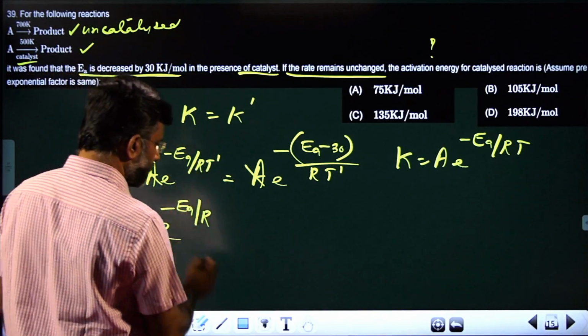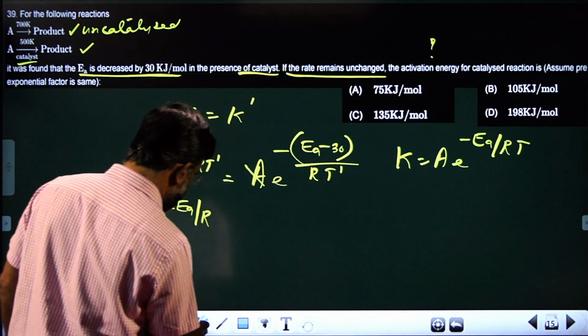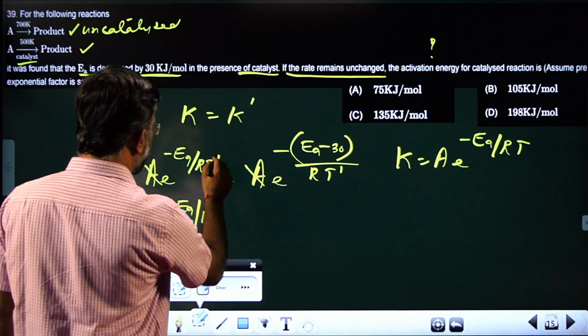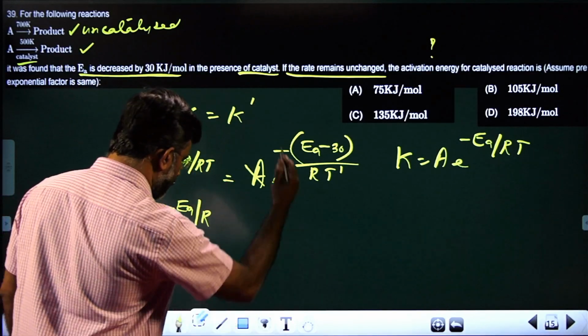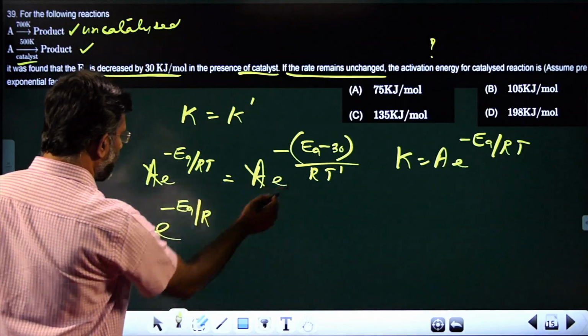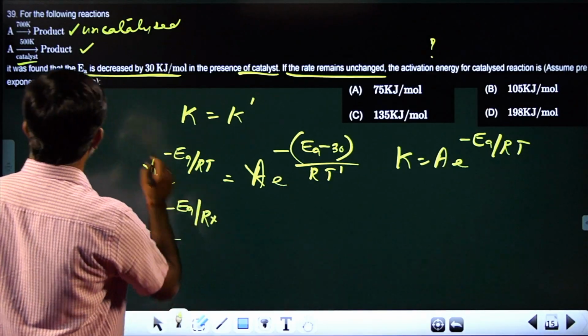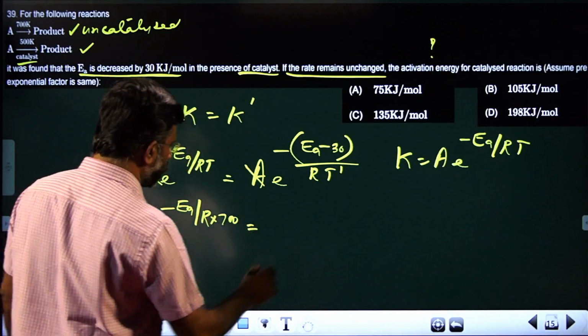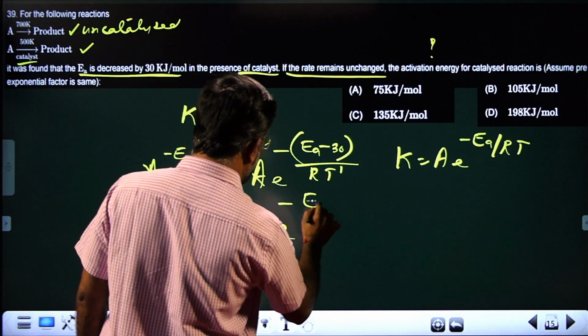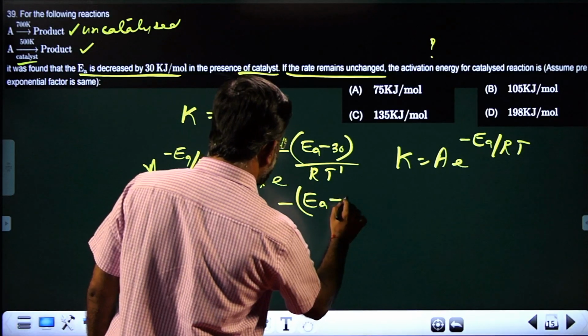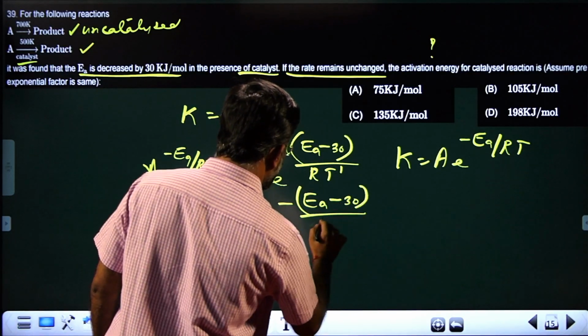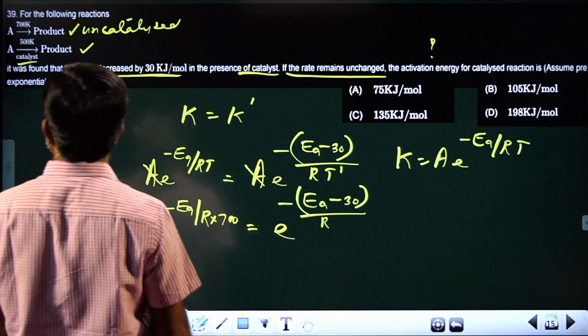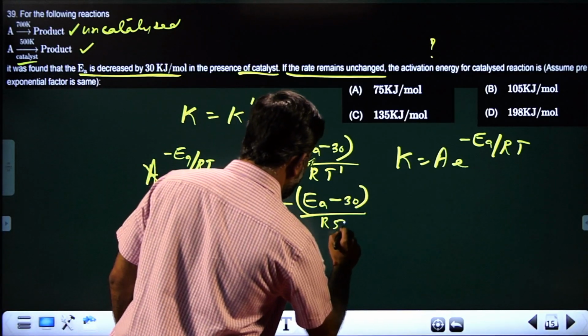Here the temperature is 700, and that is equal to e raised to minus of EA minus 30 divided by RT dash. T dash is 500.